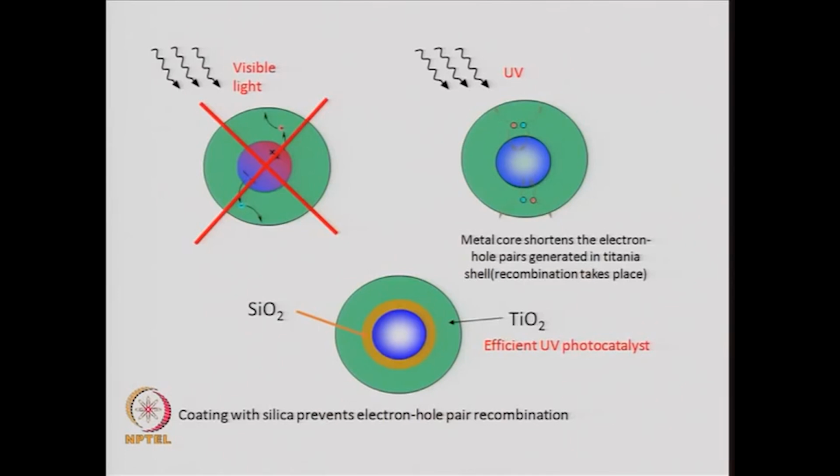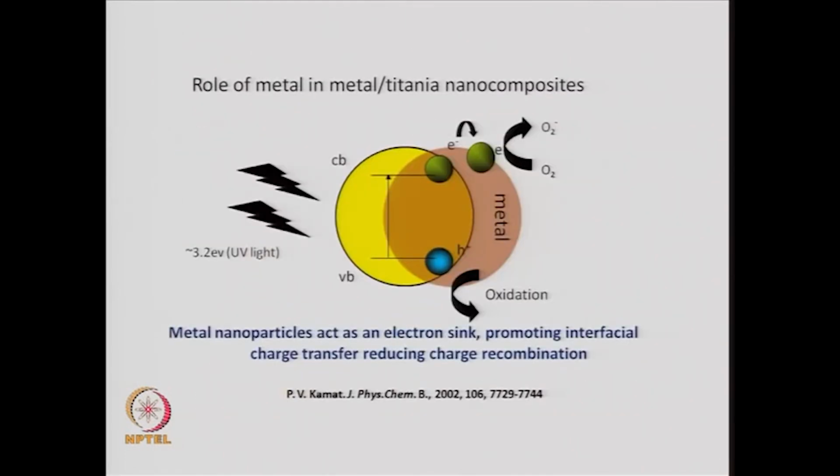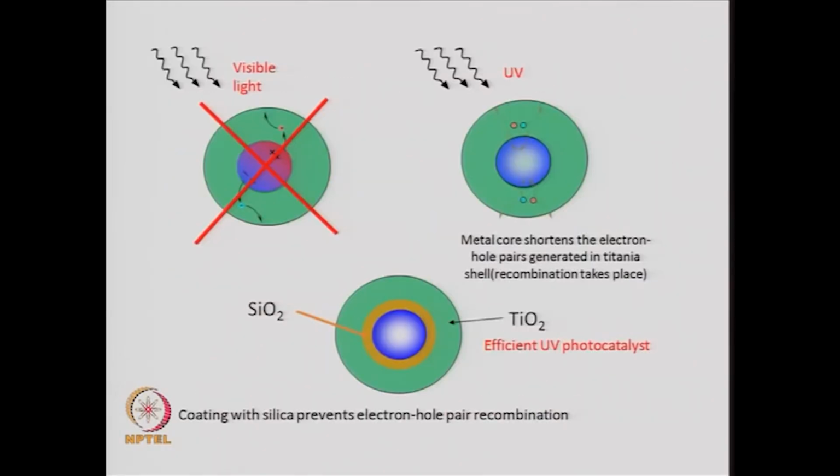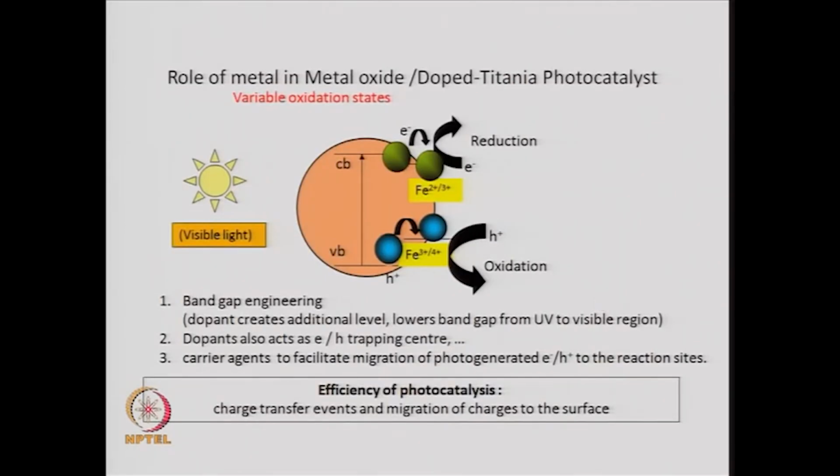So, we studied cases of metal doped titania, core shell titania decorated with metals, then a core shell titania with an interfacial layer in between, and how it can become an efficient UV photocatalyst. Then we added metal oxides where the metal has variable oxidation states, and how that can enable titania to be a visible light photocatalyst.